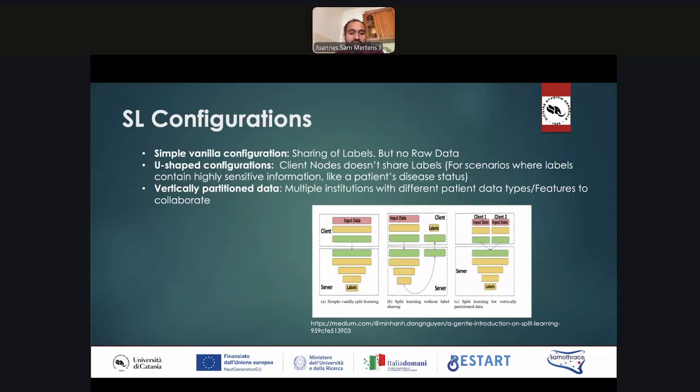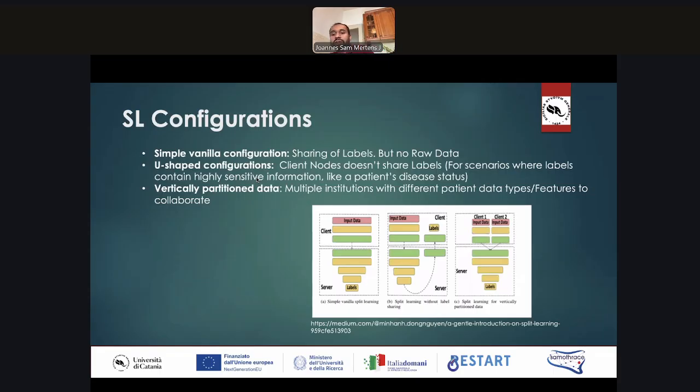In the vanilla configuration, you actually share the labels with the server. But you also have the second configuration, the U-shaped configuration, in which even the labels do not leave the client. So it's very much secured.